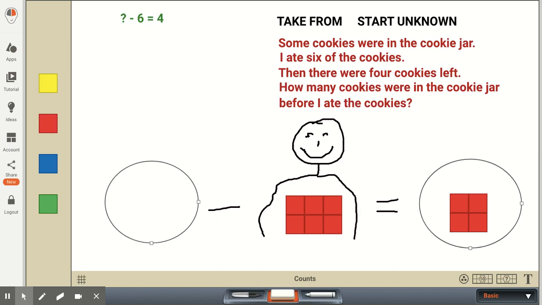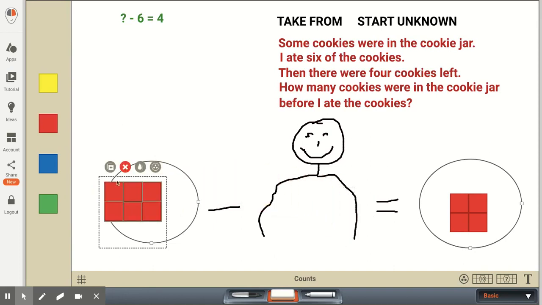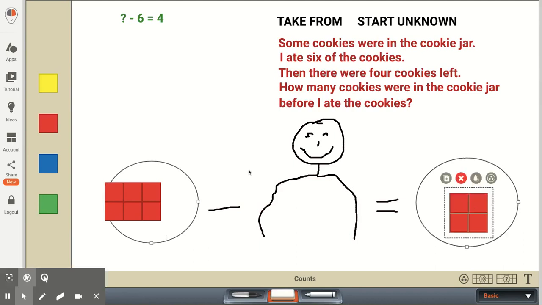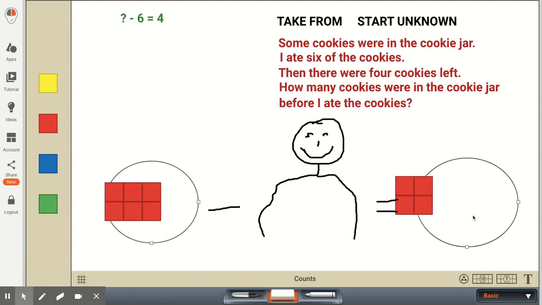So now if I want to try to figure out how many cookies were here, well, let's see. I ate these 6, and if I didn't eat these 6 cookies, they would have been in the cookie jar. So there's my 6 cookies that would have started in the cookie jar. And then I'm left with 4 cookies. So these cookies should be in the cookie jar also.